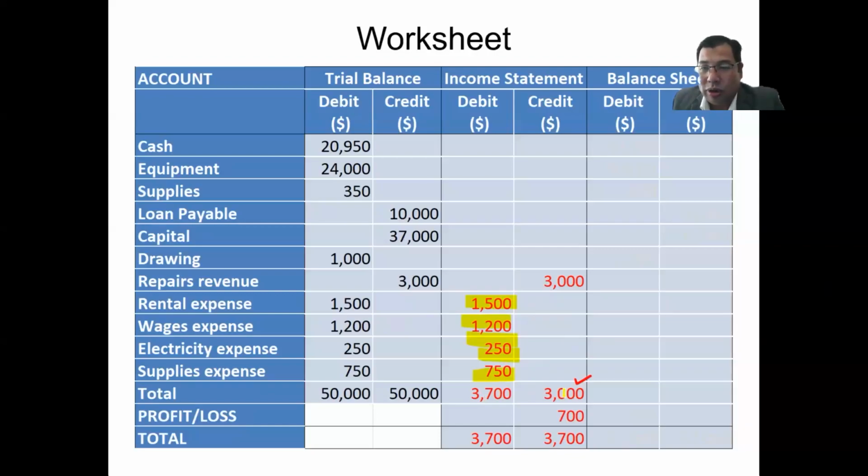If you compare your total revenue and your total expenses, total debit and total credit, you'll see that your total credit is lower than your total debit. So this will be your loss, 700. To balance these two, you need to add 700 on your credit side. So you're going to credit your income statement, and then this figure you're going to debit to your balance sheet.